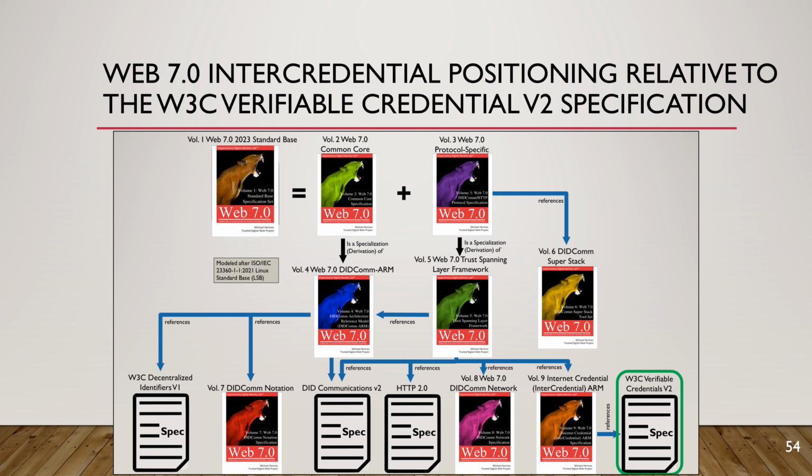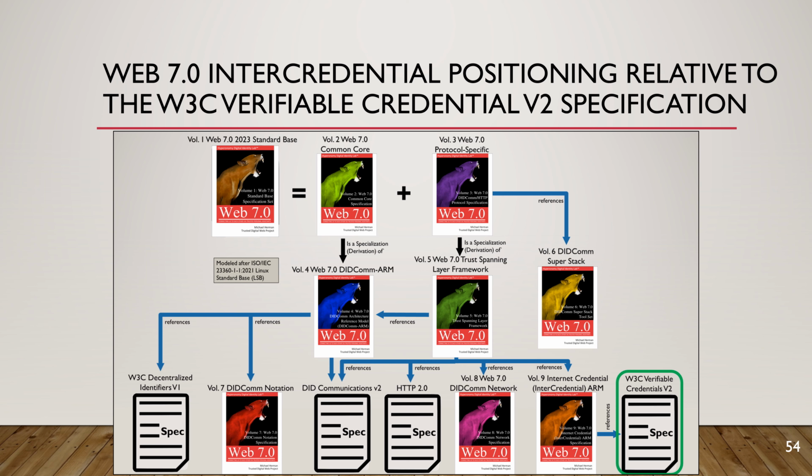So just to follow on the discussion of where should the intercredential specification be nurtured, I think it's important to understand the positioning of the W3C Verifiable Credential V2 spec relative to the InterCredential spec.